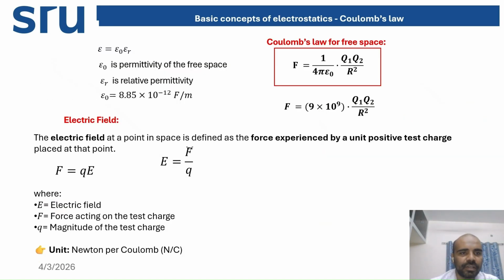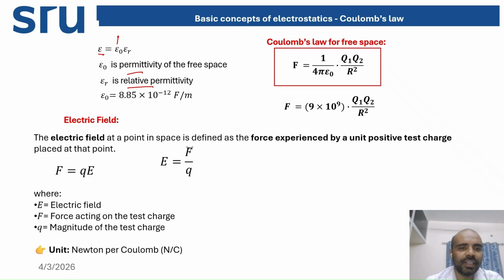So epsilon is the permittivity of a particular medium in which the two point charges q1, q2 are placed, where epsilon naught is the permittivity in free space or vacuum. So epsilon r is called the relative permittivity. Epsilon r equal to epsilon by epsilon naught. So epsilon is the permittivity of a medium divided by epsilon naught, which is the permittivity of free space or vacuum.